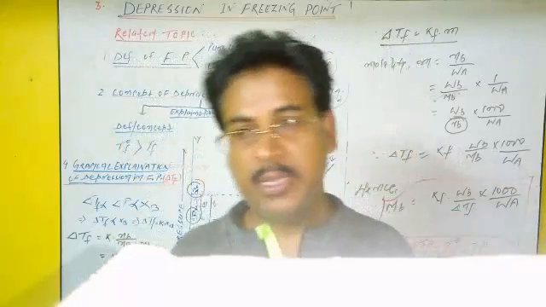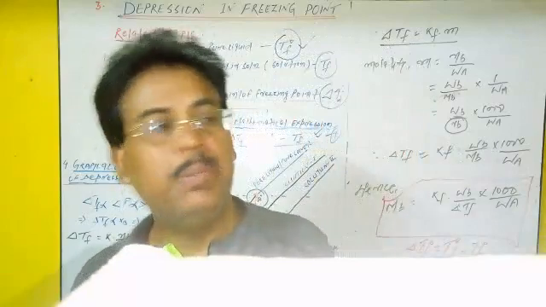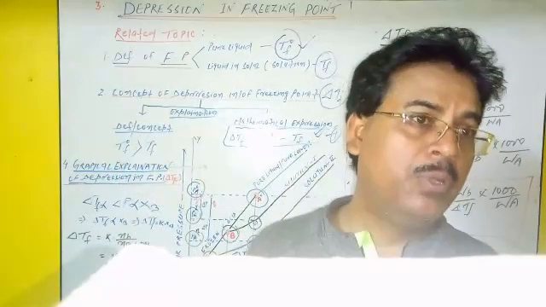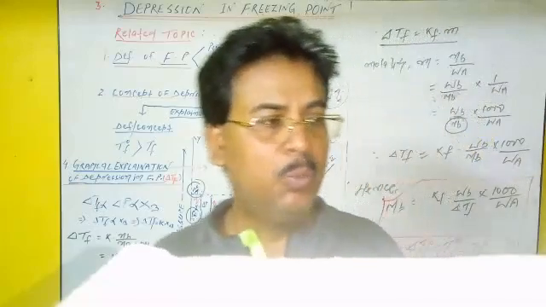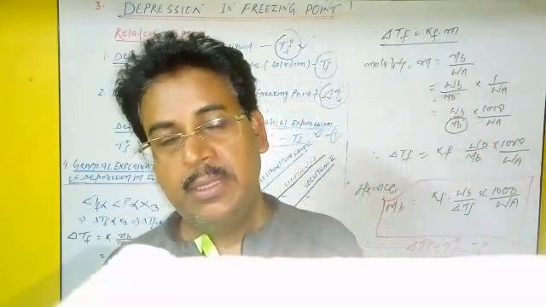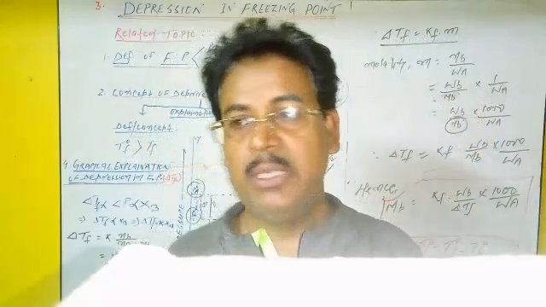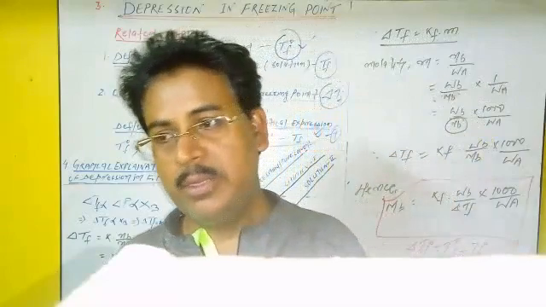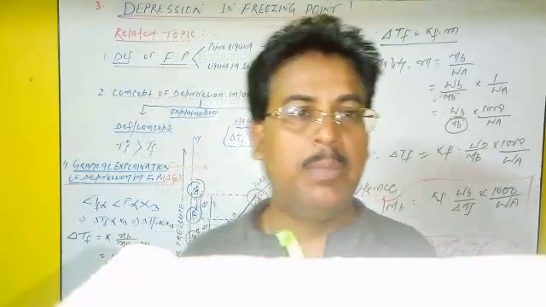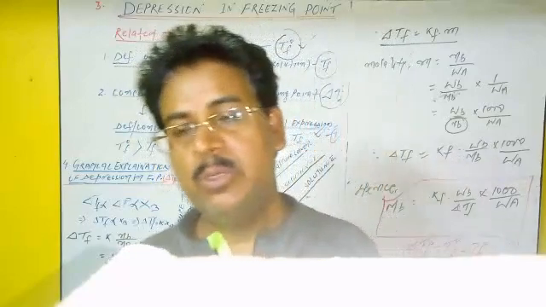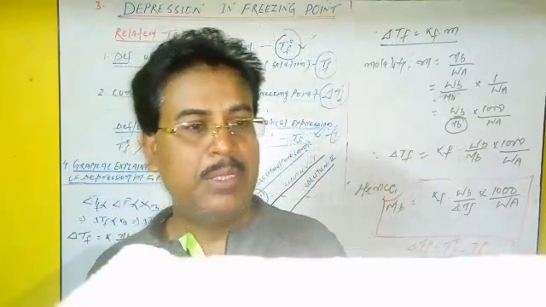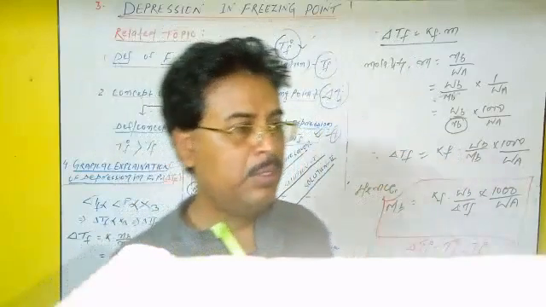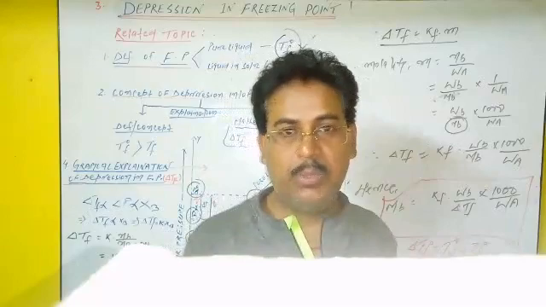Next, how can you say that depression in freezing point is a colligative property? And the last, theory for 1.5 marks and numericals: how can you calculate or determine the molar mass of non-volatile solute by using the colligative property depression in freezing point. So friends, students, these are the concepts about depression in freezing point.